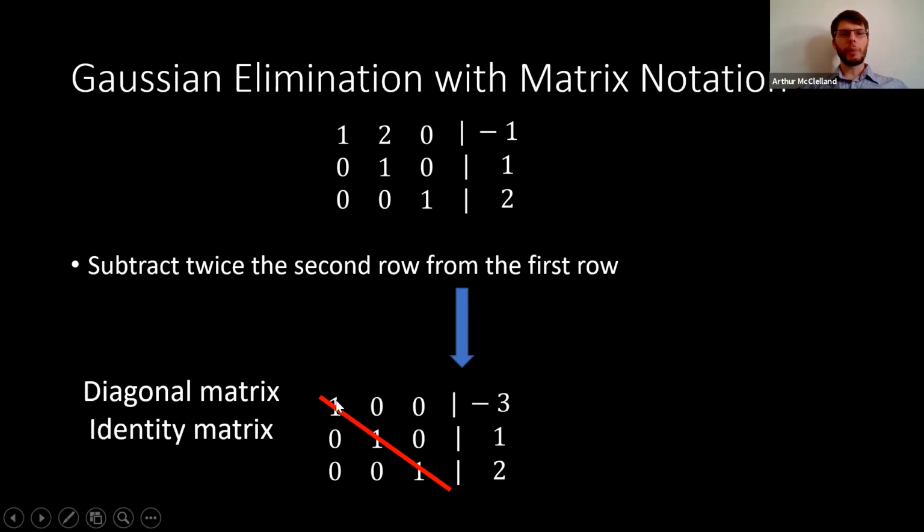And now we end up with something even more interesting. We've got a diagonal matrix. We only have values on the diagonal. And in fact, all the values on the diagonal are 1s, which makes it what's called the identity matrix. So with the identity matrix, you can very easily read off values: x equals -3, y equals 1, z equals 2.